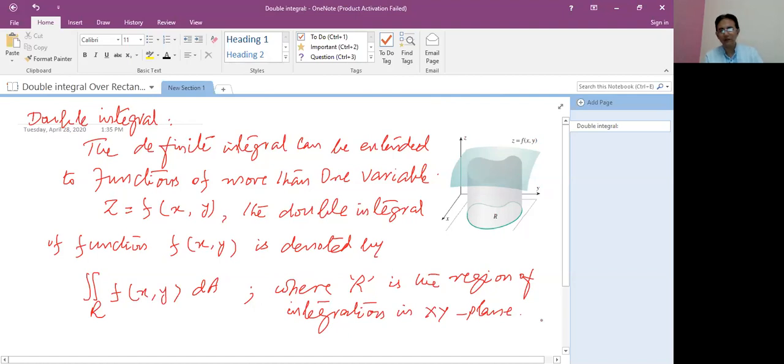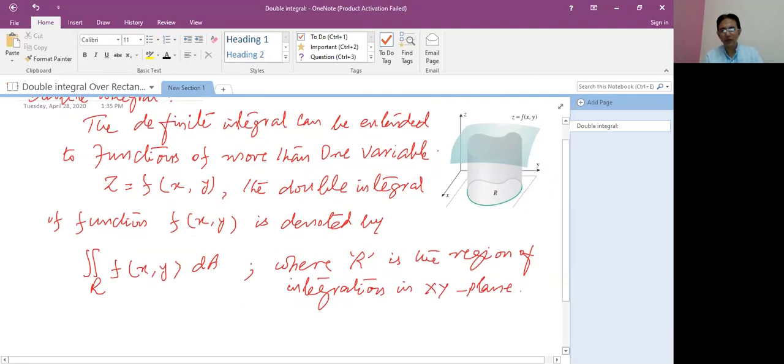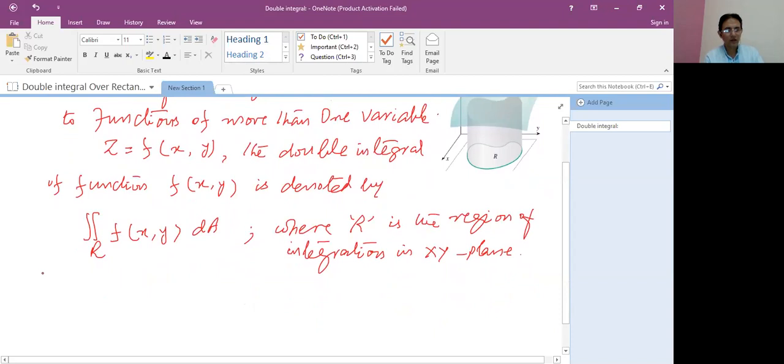And how can you find the volume using the double integral?